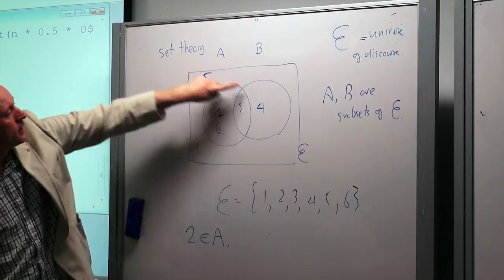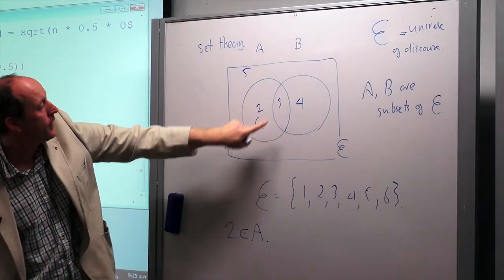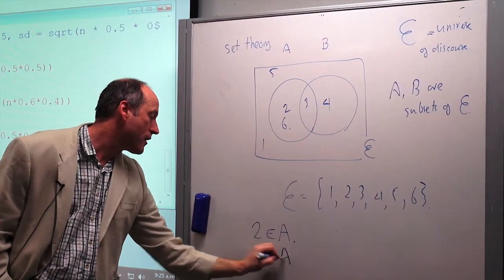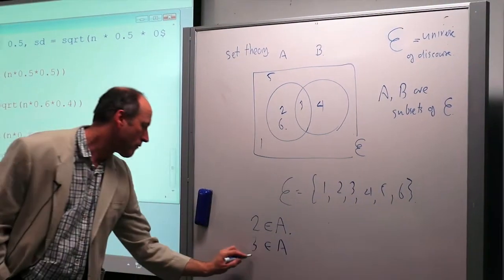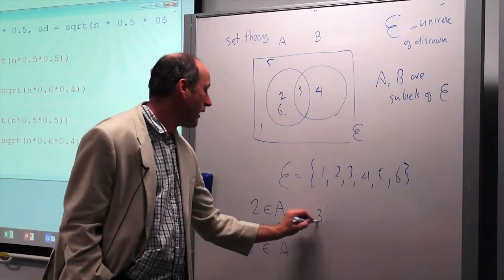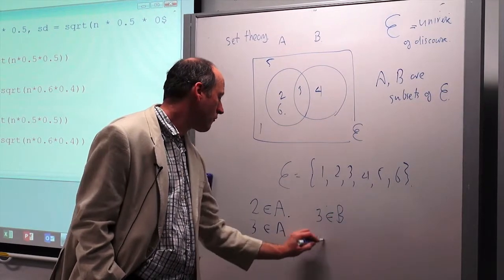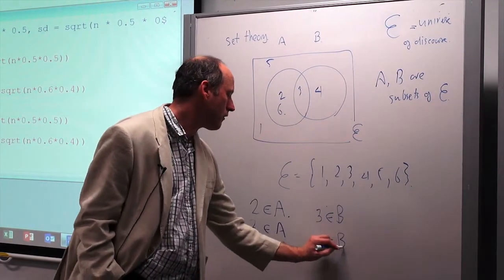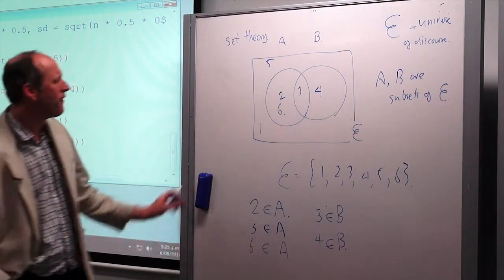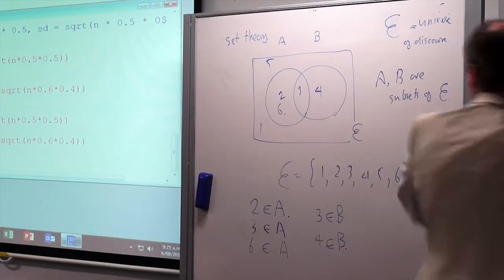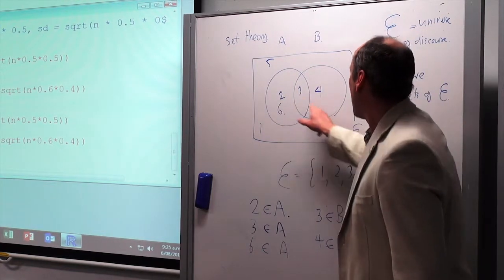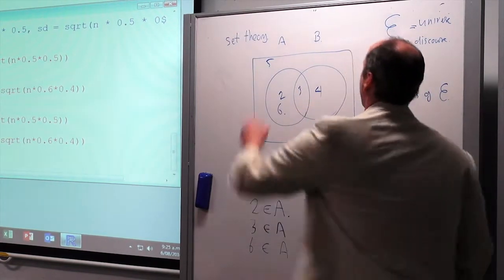So this is the A circle here, and it's got 2 and 3 and 6 inside that circle there. 3 is a member of A. This symbol here means is a member of. 6 is a member of A. We've also got 3 is a member of B, and 4 is a member of B. I'm not really going to define these mathematically because it'll take us too far afield. But you can see that there's all sorts of clever games I can play with this. This is called a Venn diagram.